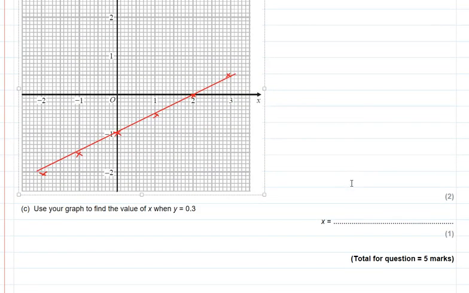Now they are saying use your graph to find the value of x when y is 0.3. So when y is 0.3, if you see, it will be between 0 and 0.5, and 0.3 will be this.